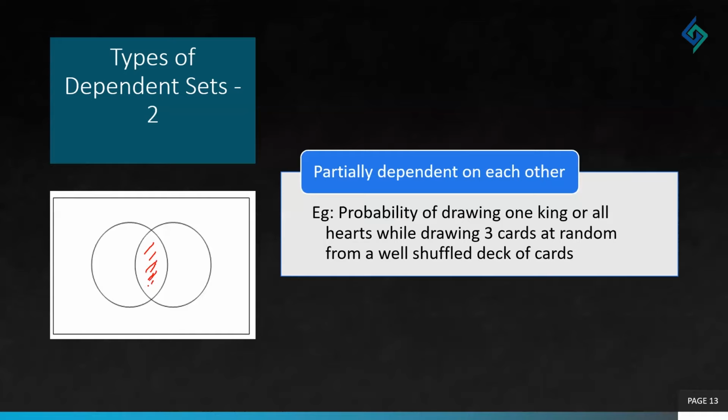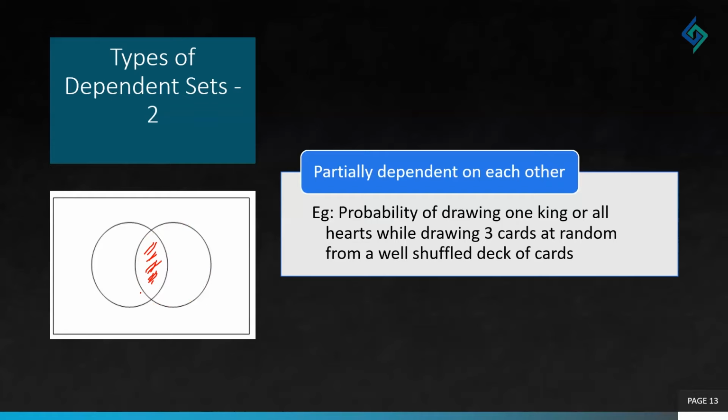So to calculate in this case, if I want to calculate what is the probability of drawing one king or three heart cards when I'm drawing three cards at random, then what I have to do is calculate first the probability of drawing one king when I'm drawing three cards at random, plus the probability of drawing three hearts when I'm drawing three cards at random, minus the probability that one among the three heart cards is a king. Because when I'm adding the value of these two sets, the area of intersection of this Venn diagram gets added twice. So I have to remove that once. So this is where a bit of understanding of set theory also helps us solve probability questions like these.